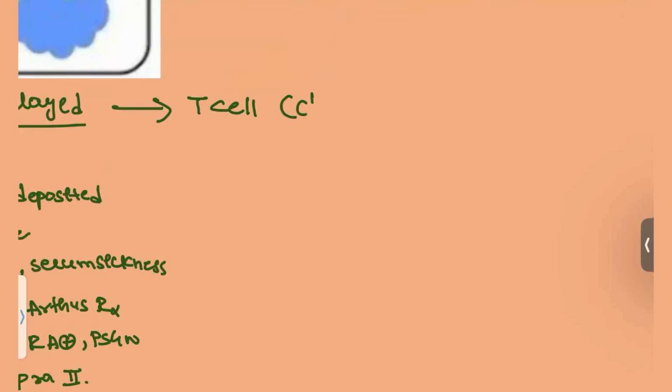Next, delayed type. This delayed type is mostly dependent on the T cells only, right? What are these? Chronic antigen. When there is a chronic antigen, for example, T helper 1 cells are going to play a role and cause the killing.